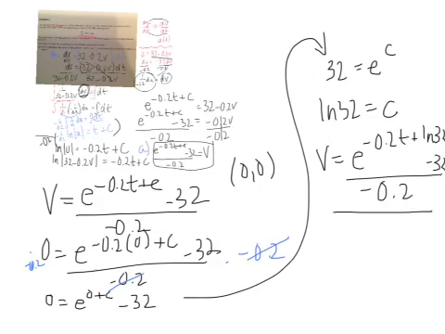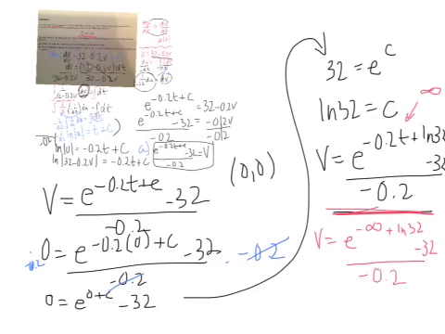Well, if t approaches infinity, then we're going to have e to the negative infinity plus the natural log of 32. But the natural log of 32 has nothing on that, right? So e to the negative infinity plus the natural log of 32, minus 32, all over negative 0.2.